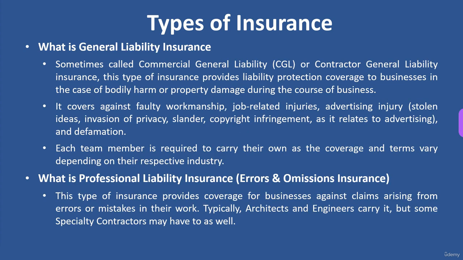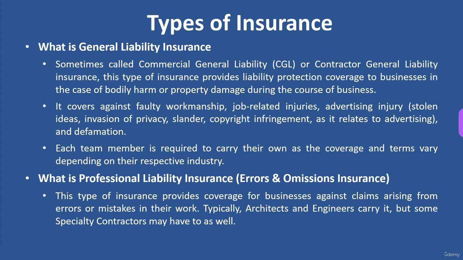Then there's general liability insurance. This is sometimes called commercial general liability or contractor general liability. This type of insurance provides liability protection coverage to the businesses in the case of bodily harm or property damage during the course of business. It covers against faulty workmanship, job related injuries, advertising injuries, which is stolen ideas, invasion of privacy, slander, copyright infringement, things like that, and defamation.